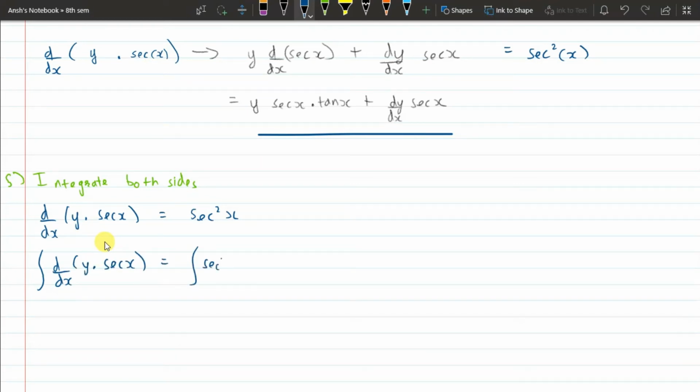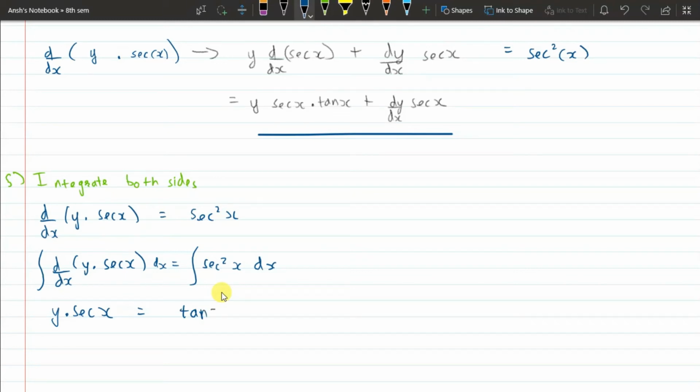Integral sec square x dx, oops I forgot dx, is equal to the integral of sec square x dx, and on integrating on the left hand side, the integral and the derivative just cancel out and you're left with y into sec of x. And on the right hand side, the integral of sec square x is simply tan x. This is another integral identity you should be familiar with.